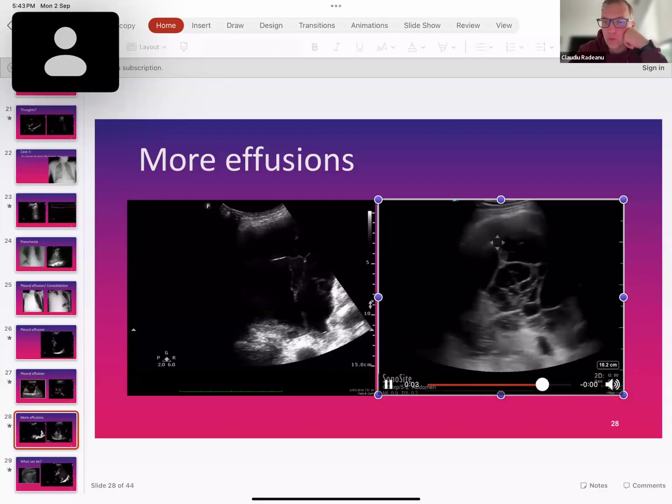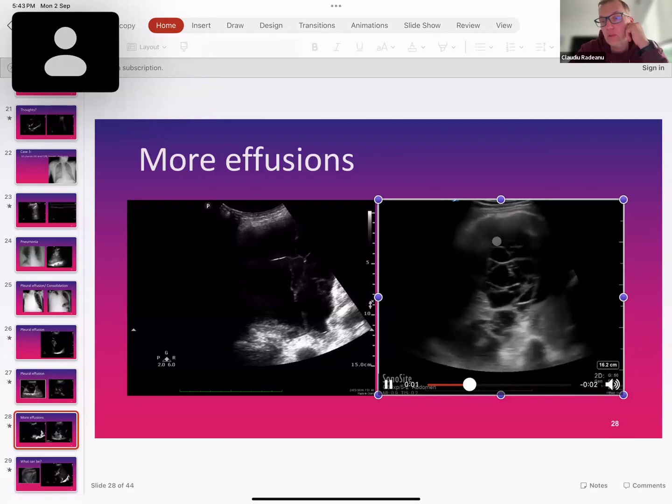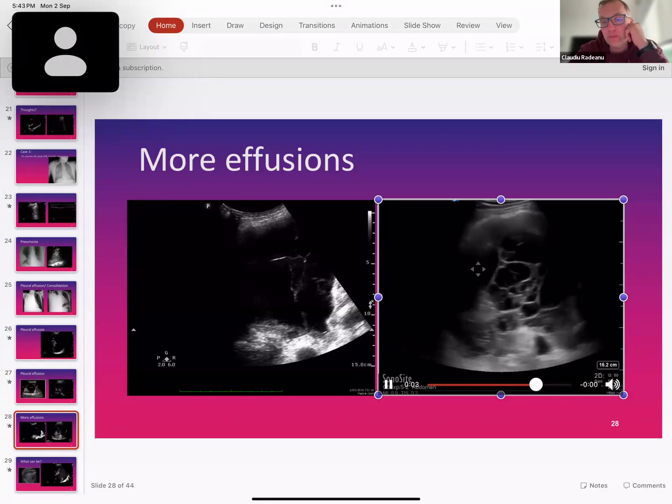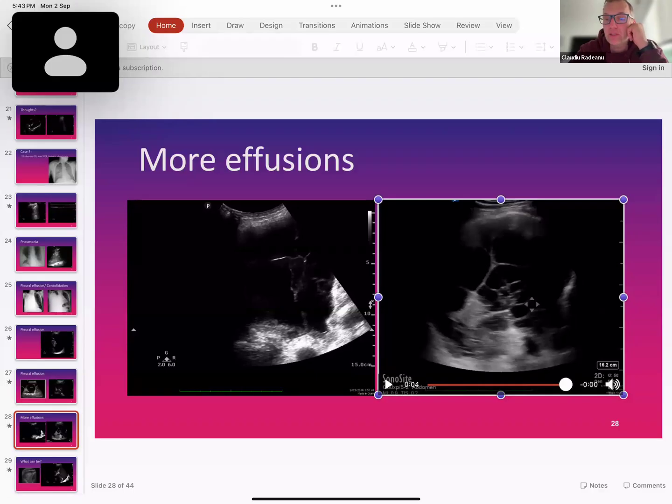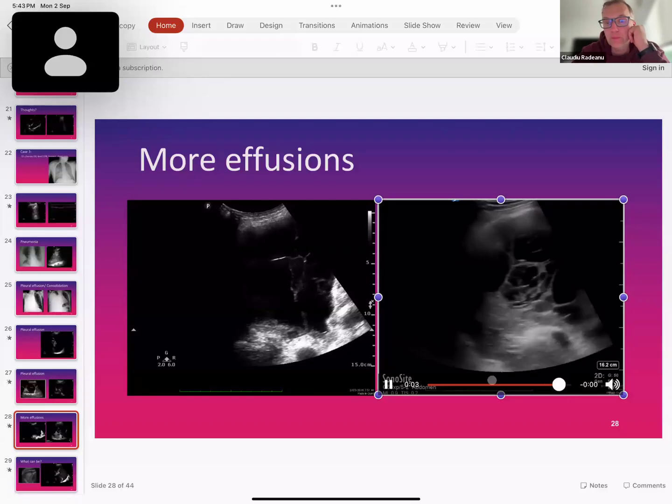Sometimes when you drain, you might not get a lot of fluid out of it, but you might try 2-3 spots to drain as much fluid as possible. So don't get inhibited seeing this, thinking, oh, maybe it's not fluid. No, it is pleural effusion with fibrous organization in the middle, inside it.